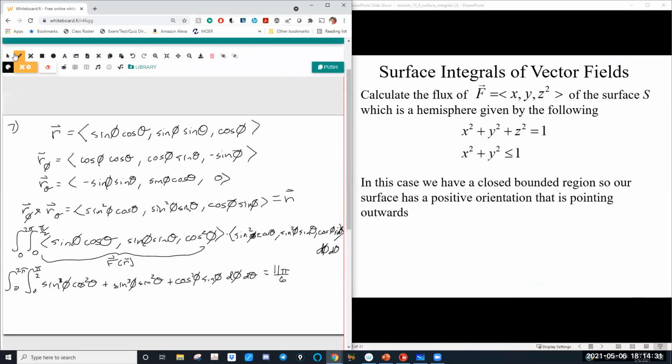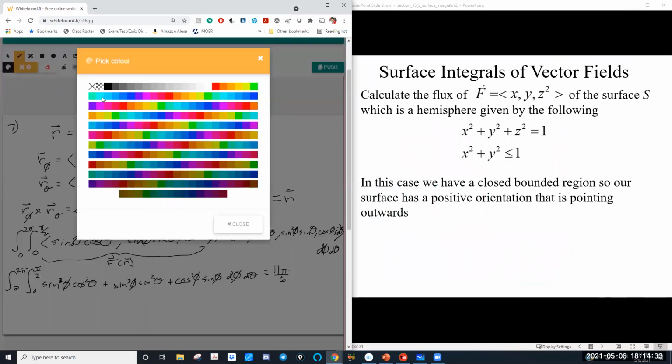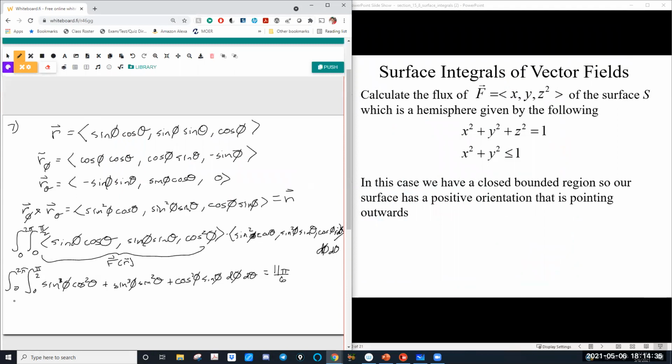So everything there is for the hemisphere. Now we're going to do, let's change the color, this is going to be for the disk. X squared plus y squared less than or equal to 1. We're going to use the normal vector 0, 0, -1.